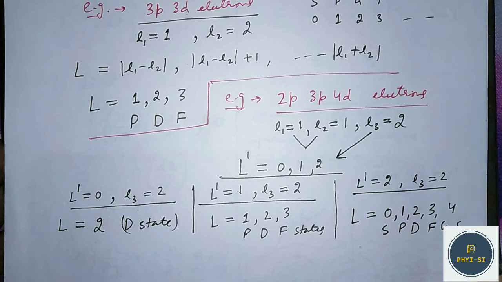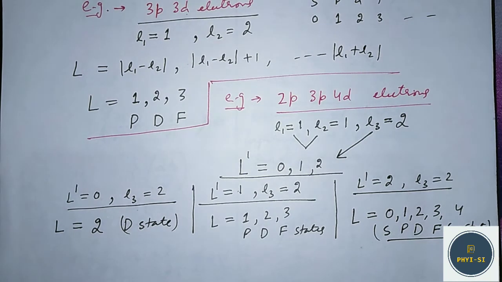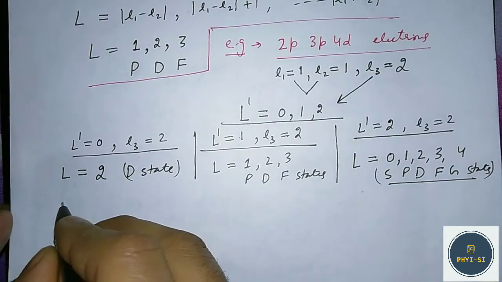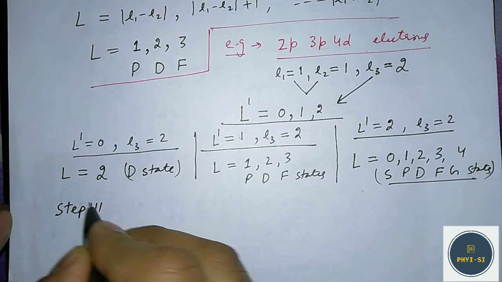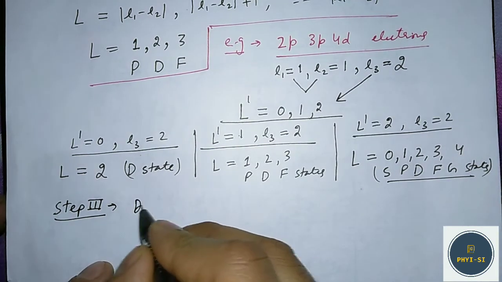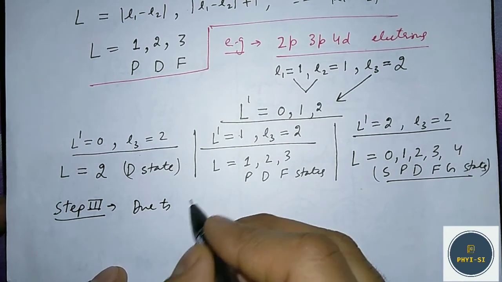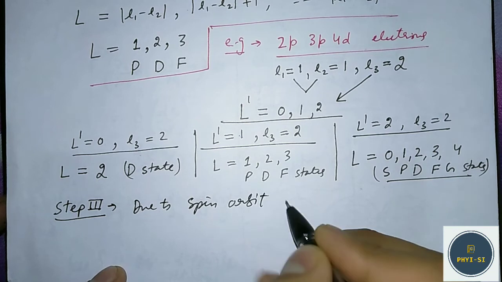Okay, so this is how we can combine the spin, and in this we have combined the angular momentum. Now, this step 3 is due to spin orbit magnetic interaction.